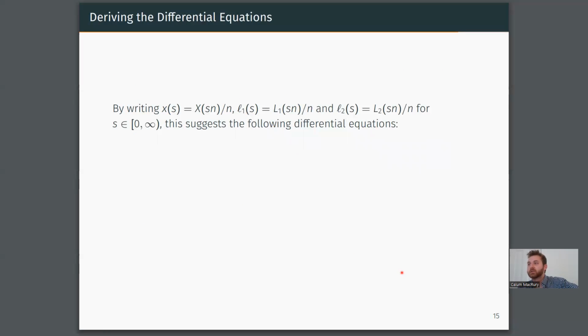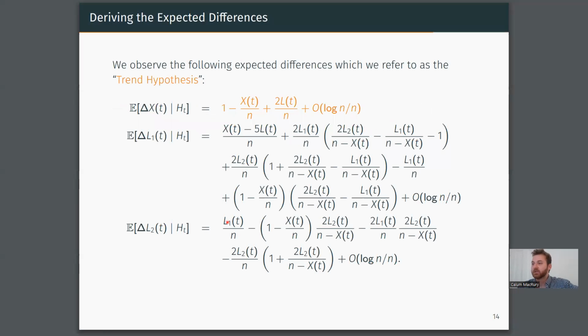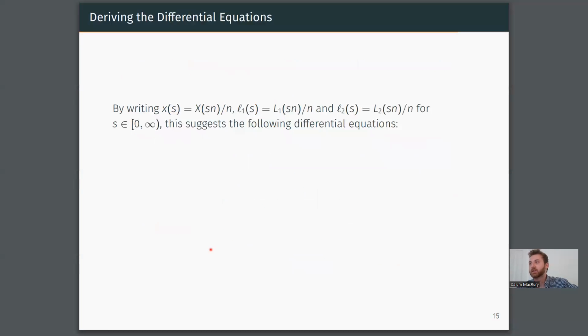Okay, so we've expressed all the expected differences. We can now write out the corresponding differential equation. So let's imagine normalizing each of our random variables by n, and we can think of s as being just some real value from 0 to infinity.